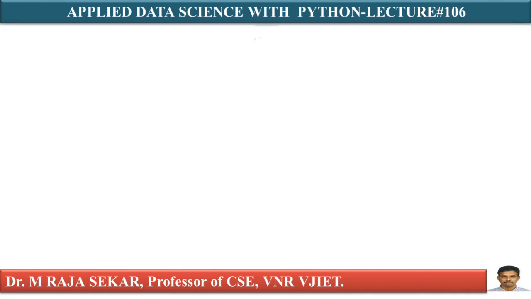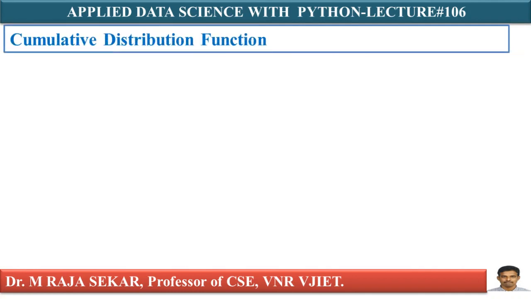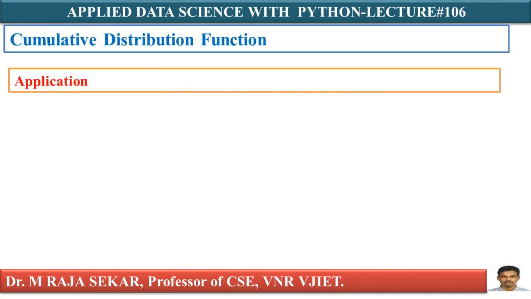One of the most popular applications of the cumulative distribution function is the standard normal table, also called the unit normal table or Z table, which gives the values of the cumulative distribution function of the normal distribution.